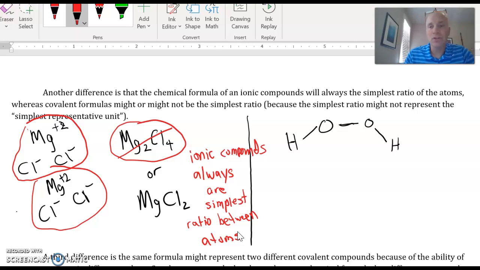Things are a little different with covalent compounds. We've talked about this compound before, and we've said that this is the simplest ratio of atoms that are required to make hydrogen peroxide.